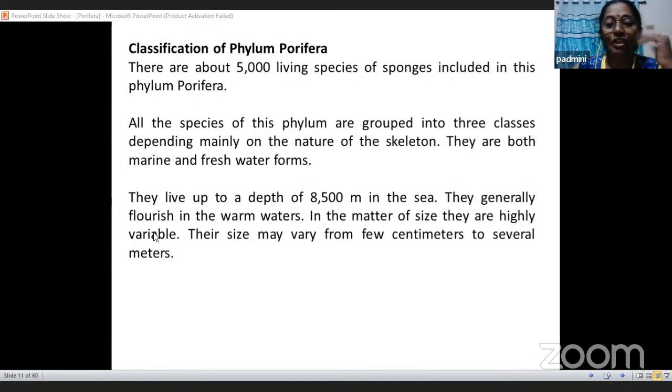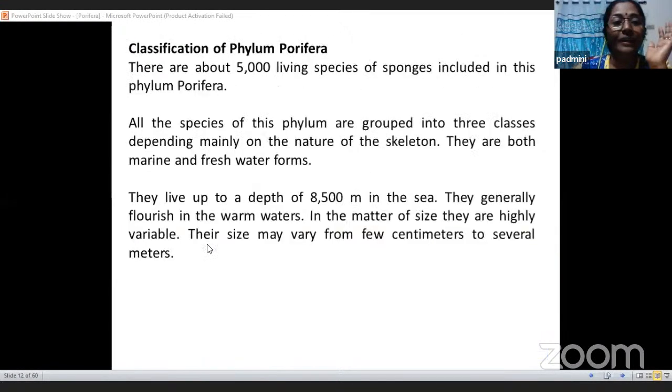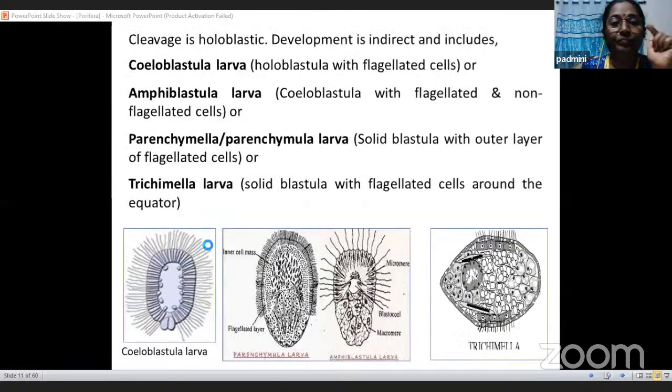So each porifera, each class can vary in different sizes. Coming to the cleavage, it is holoblastic cleavage, a complete breakdown that you find in this classification.